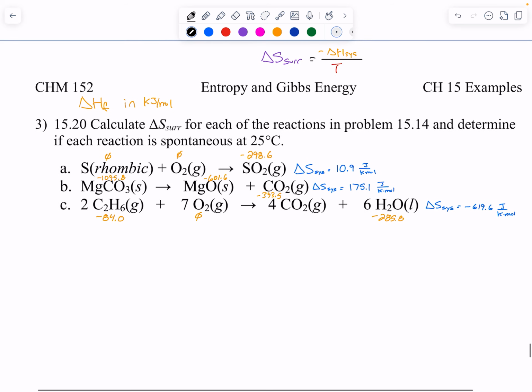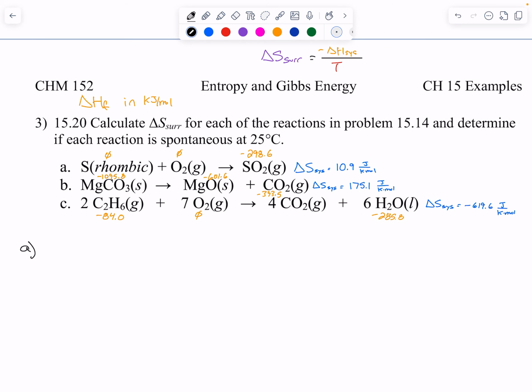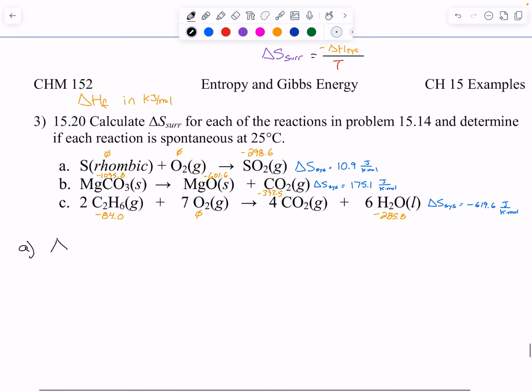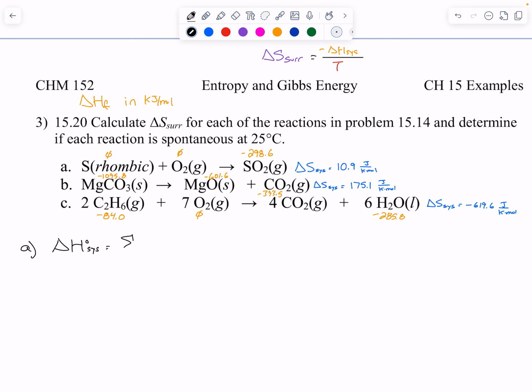So for A, how do you calculate delta H of the system? Well, that would be the sum of the delta H of the products minus the sum of delta H standard of the reactants.